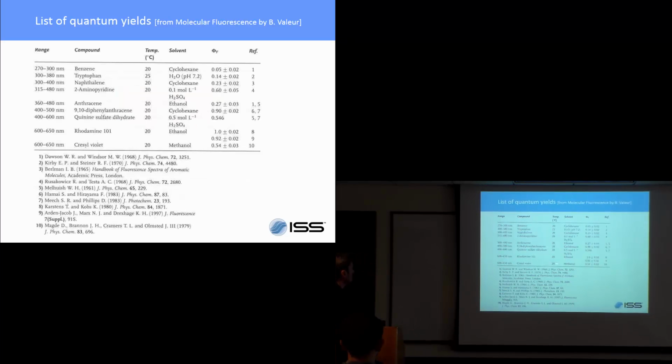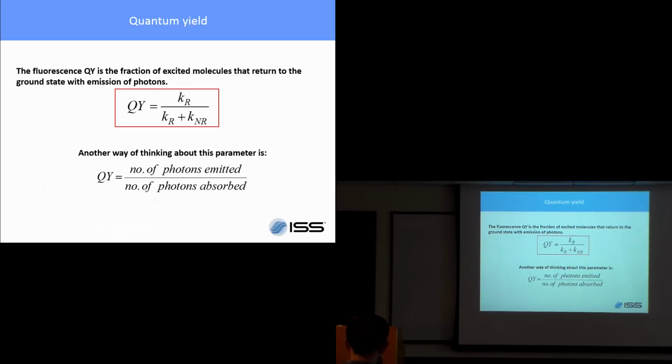This is a table that I got from a book. KR is the radiative, so the photons. NR, non-radiative. So the fact that a molecule might collide with another molecule, and so the energy is transferred to the other molecule, but not in form of photons, of light.